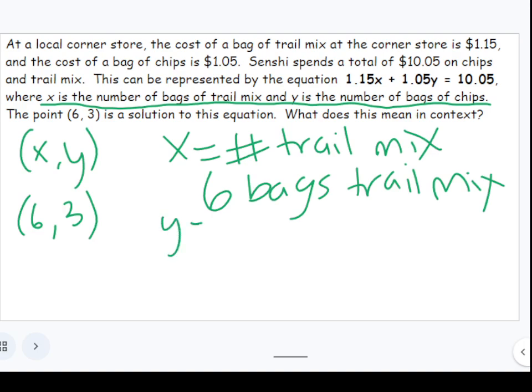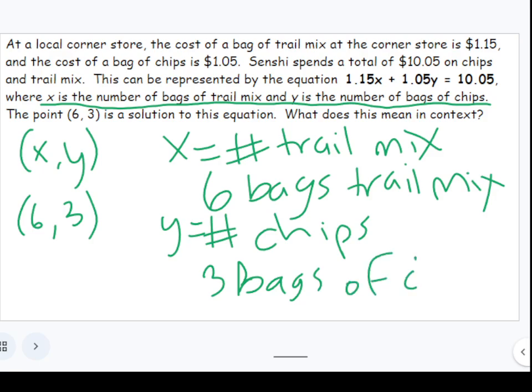Similarly, it tells us that y is the number of bags of chips. So if 3 is the y value we're given, that means we have 3 bags of chips.